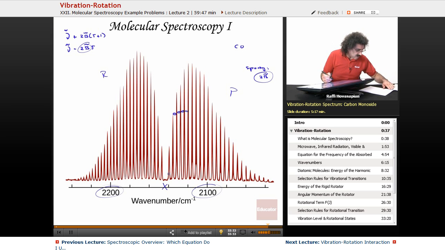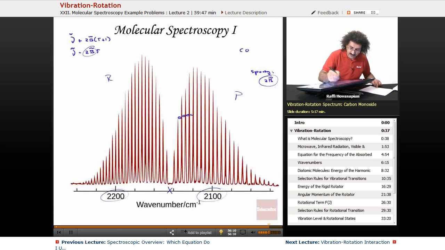Let's talk about the intensities. Notice that all of these lines have different intensities. Some are very, very intense. Some not so intense. Okay.